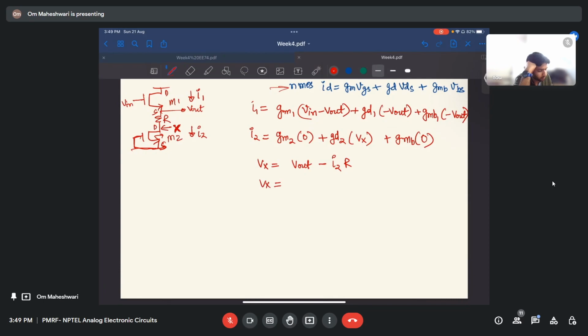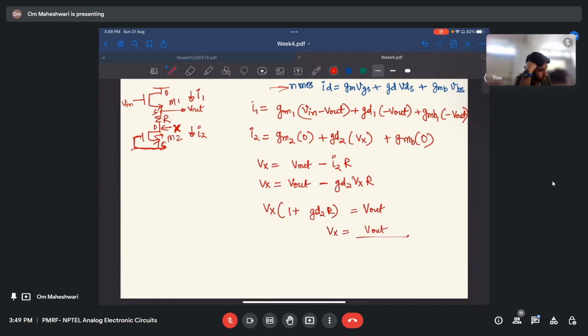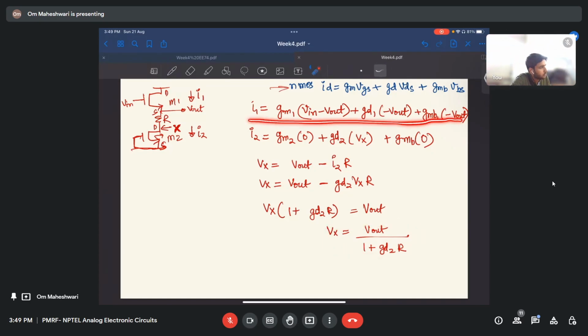So Vx equals to V out minus I2 is GD2 Vx R. So I'll take Vx common, Vx 1 plus GD2 R equals to V out. So Vx equals to V out by 1 plus GD2 R. Now I will substitute this value of Vx here in this equation.